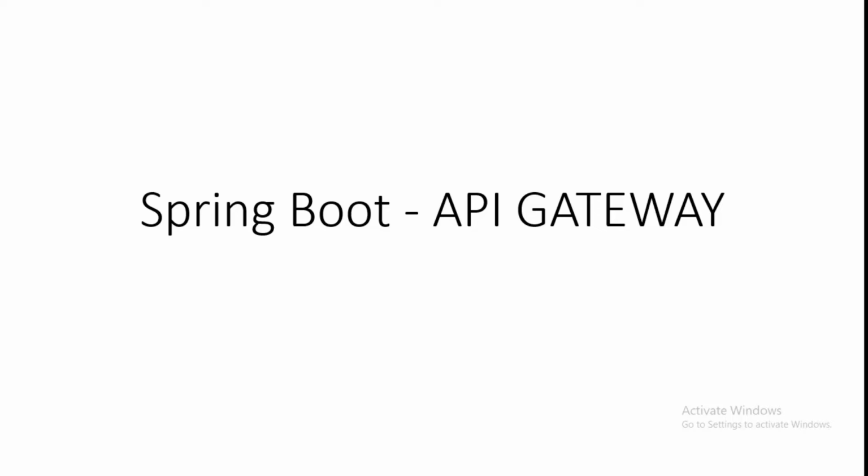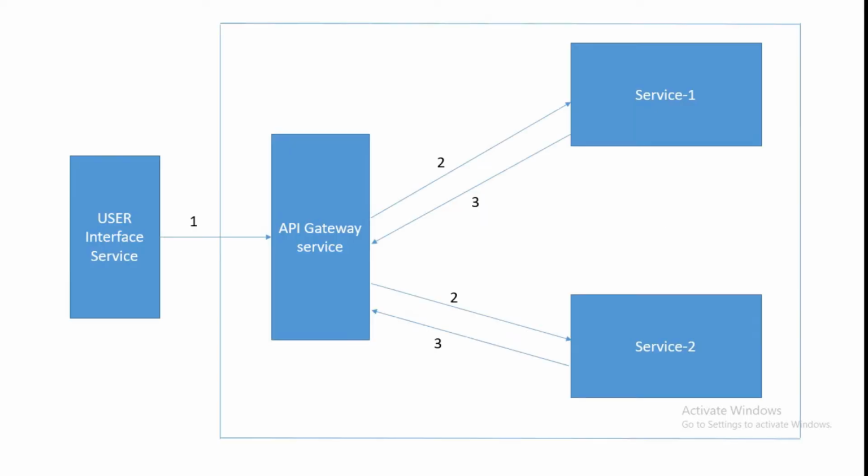Let's see how the request flow goes. Suppose we have a UI calling some URL which is processed by microservice 1. There are some parts in the URI denoting these service calls.